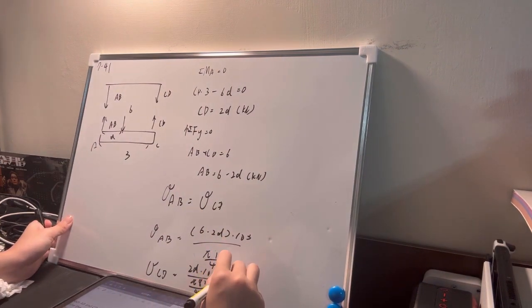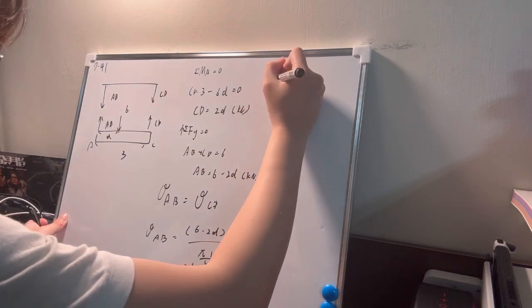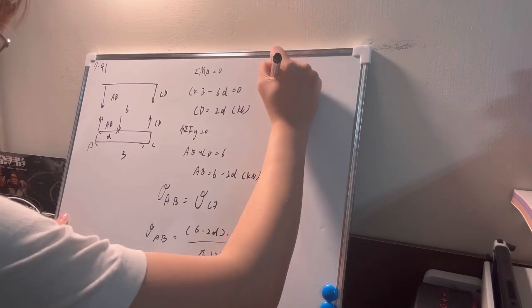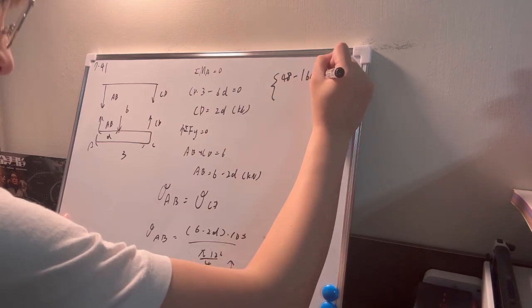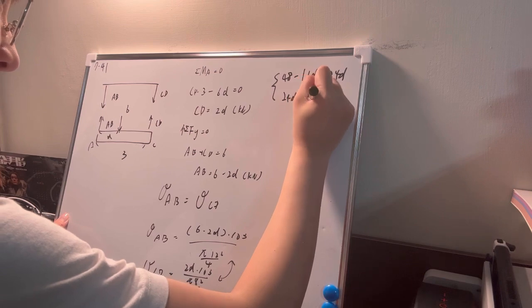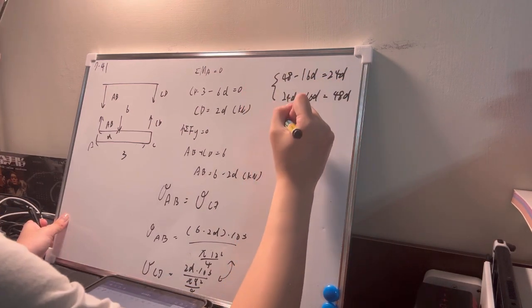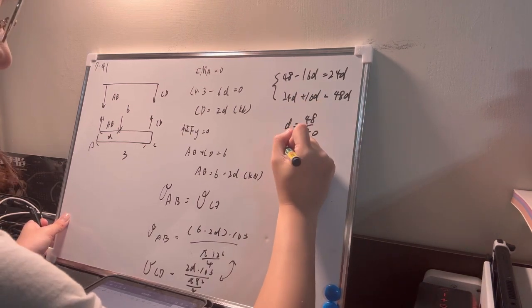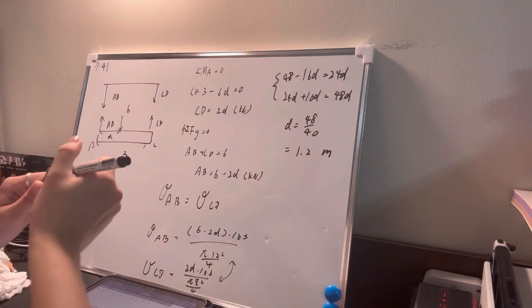So basically this one is the same, and from this we can know 48 minus D is 24D, and 24D plus 60D is 48D. So D is equal to this, which is 1.2 m here.